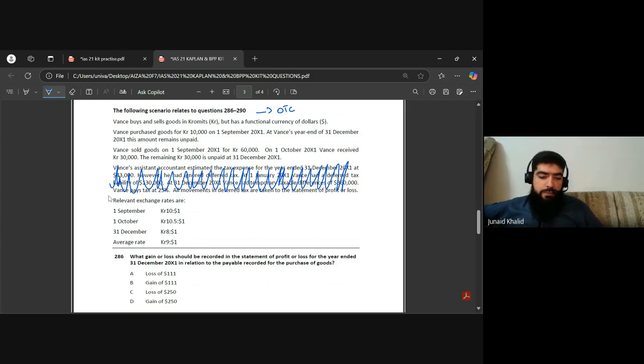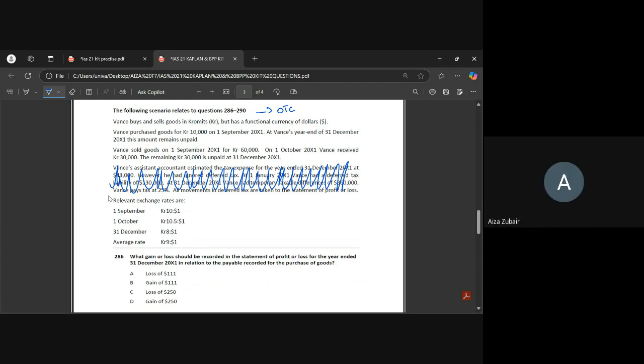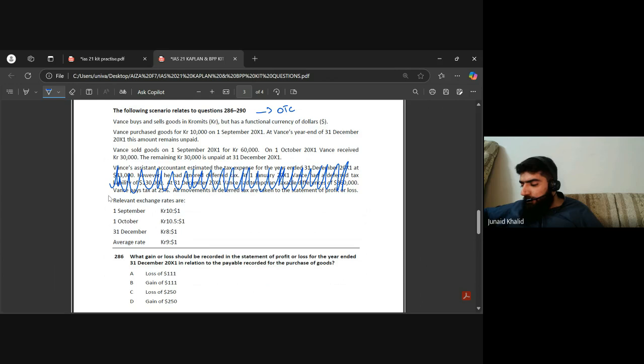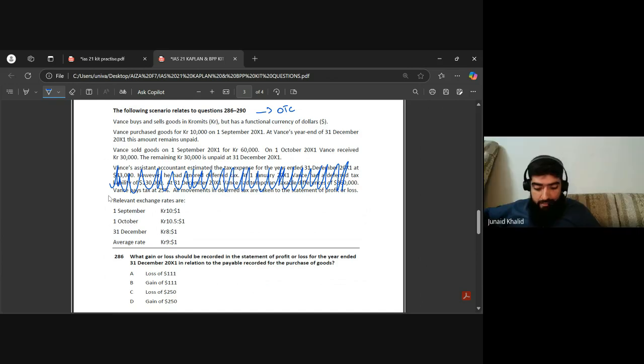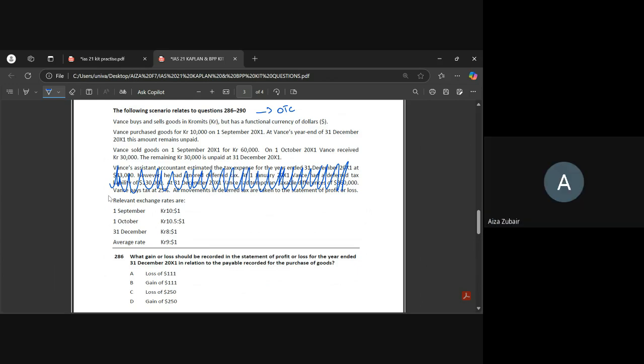And the date of reporting is 31st December. And what is that 1st of October? It's the receivable date, a settlement date basically, on which we are receiving some partial payment. Yes. Good.